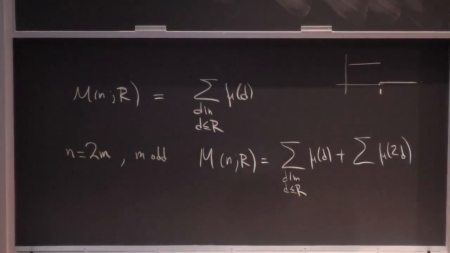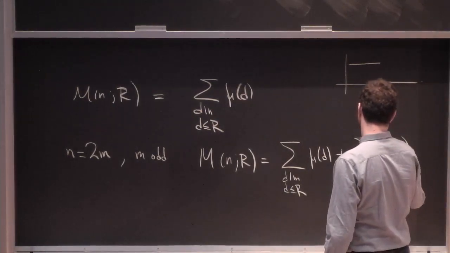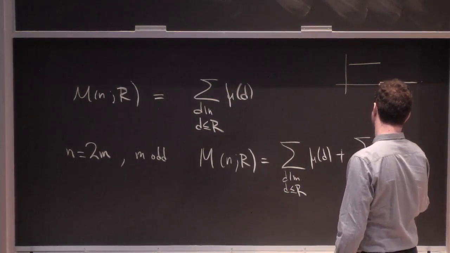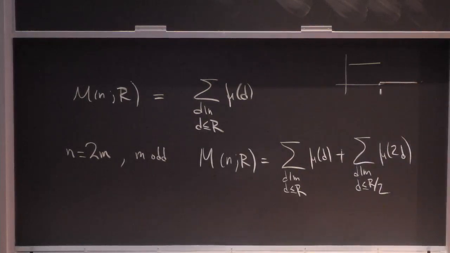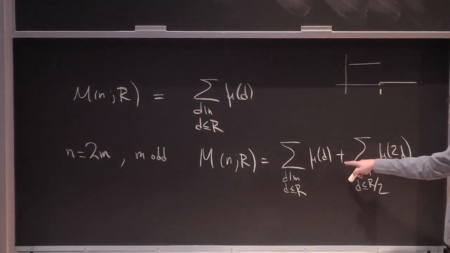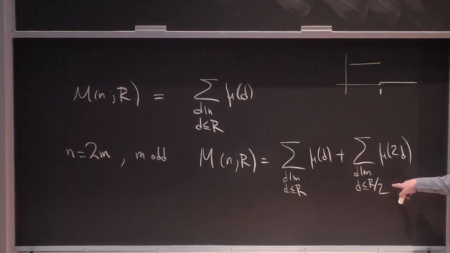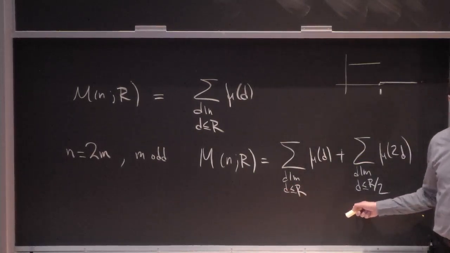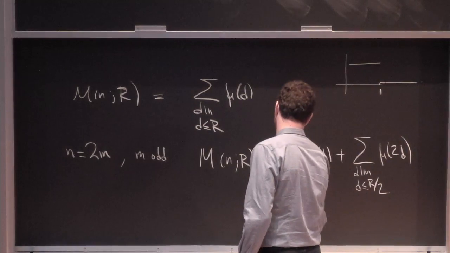So 2d, where d will also divide m, and d will go only up to r over 2. And then mu of 2 is minus 1, so I will get the minus sign here. And the divisors up to r over 2 are in both sums, and they will get cancelled in the first sum.